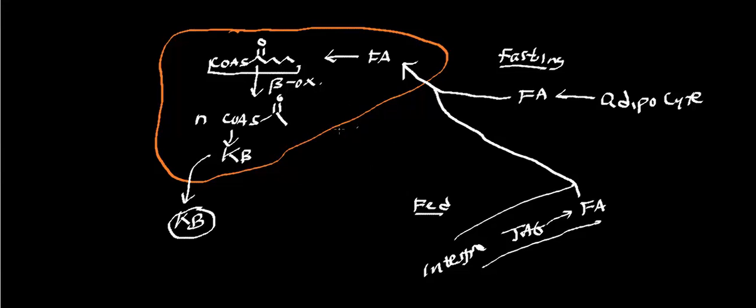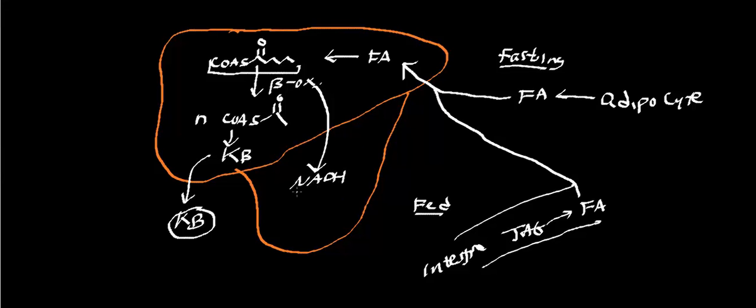Now, what I also want to mention at this point, because it is kind of important, is that per round of beta oxidation, let me do this just so you know it's still part of the liver, you're going to get an NADH, and you're going to get a fully reduced ubiquinol.